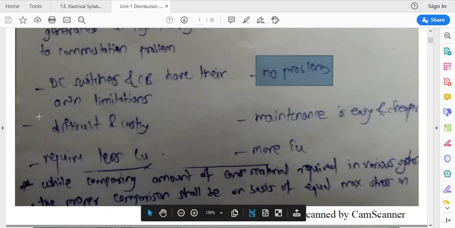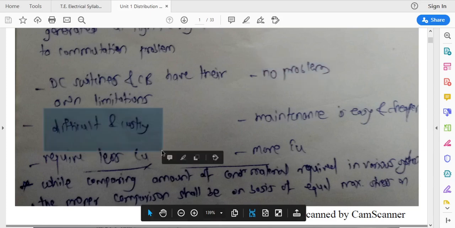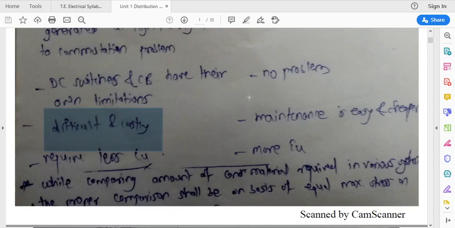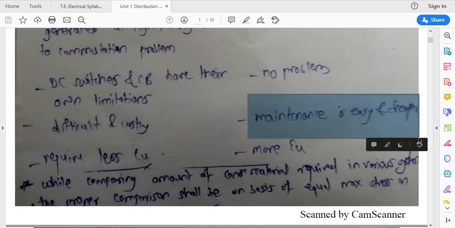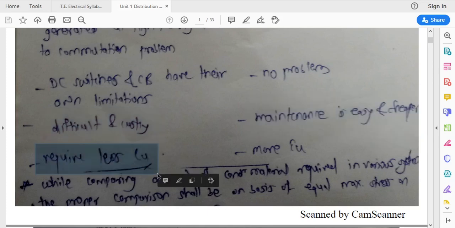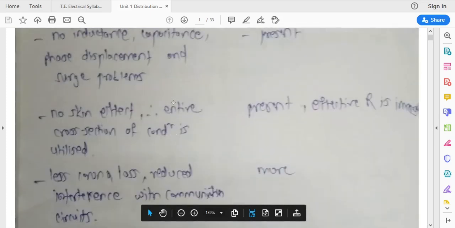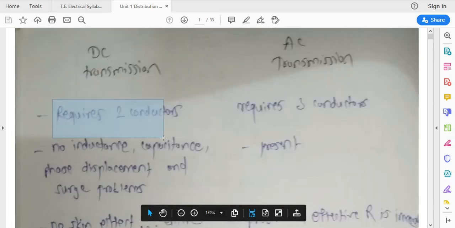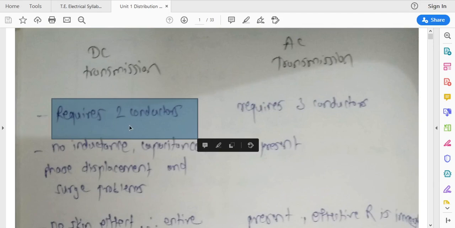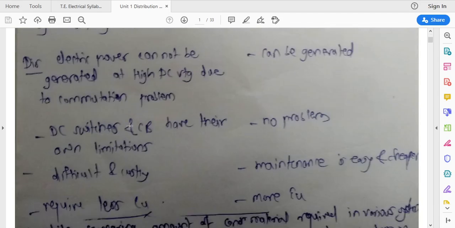In the case of DC transmission, the maintenance is difficult and costly, while in case of AC, maintenance is easy and it is cheaper. DC requires less copper, as we discussed there are only two conductors required, so it uses a smaller volume of copper.